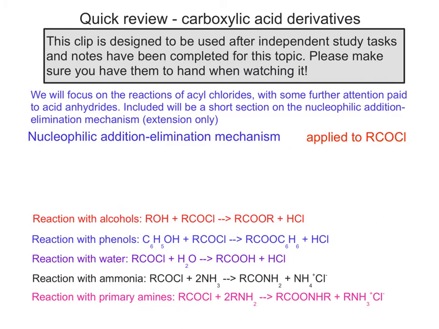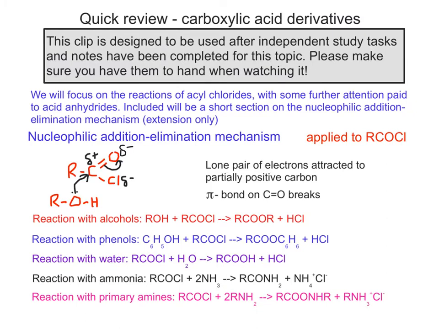So let's start off with the first one, alcohols. I've drawn the alcohol group as a nucleophile, and you can see that it's got a lone pair of electrons. Once the lone pair of electrons are attracted to the partially positive carbon, the relatively weak pi bond on the carbon double bond oxygen breaks, hence the second curly arrow.